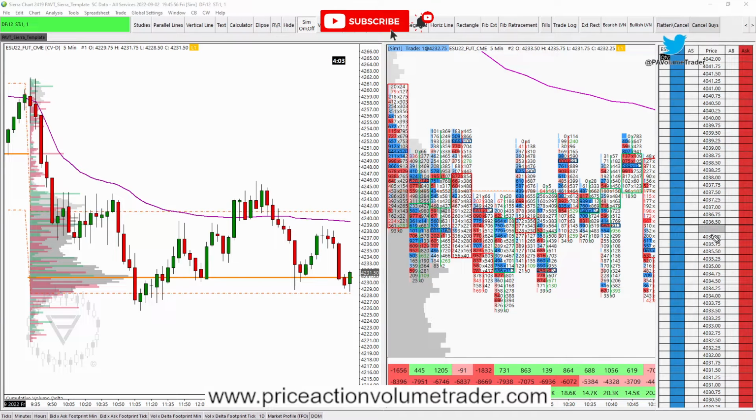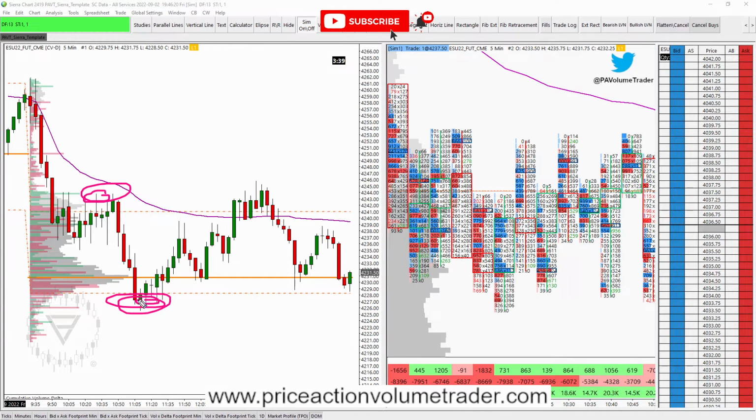And how do they get filled? Well, that happens when aggressive traders, mostly retail traders, smaller traders, are going to come and execute or try to chase the market and start aggressively buying the highs or selling the lows.